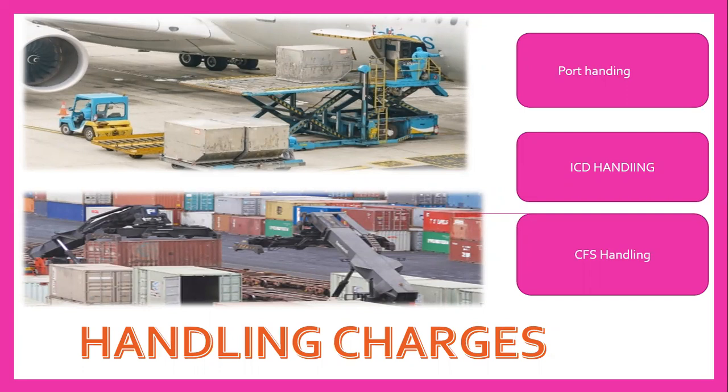So these are the charges which we have to pay at the level of the airport. This is called airport handling. In the same way, when the cargo is handled at the seaport, it is called port handling or terminal handling charges from the shipping line.